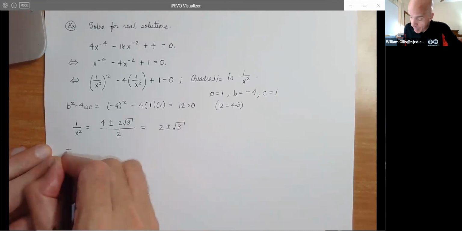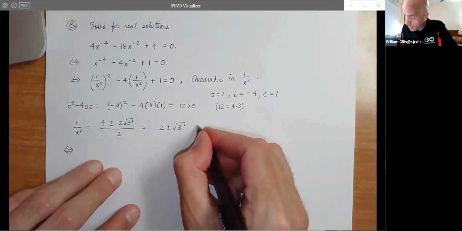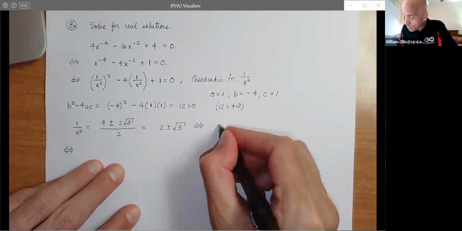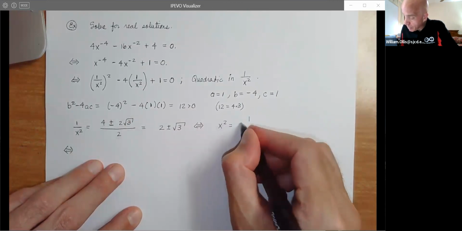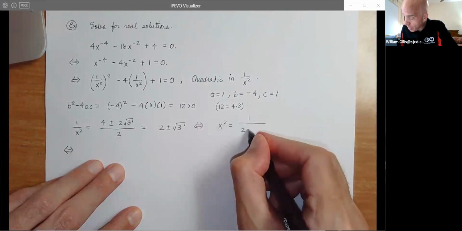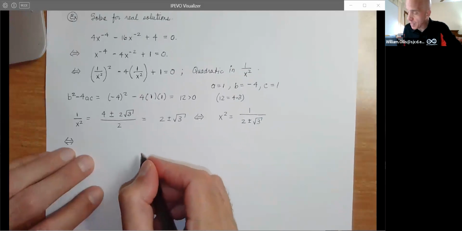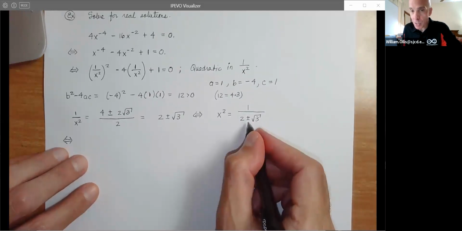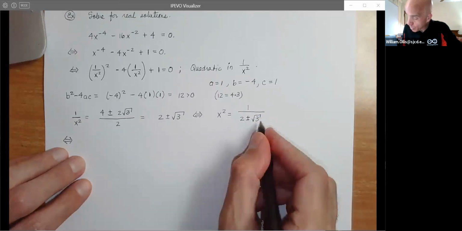But what does this say? I'll do the equivalent there. But first, this will say, if we reciprocate both sides, x squared equals 1 divided by 2 plus or minus square root 3. So now let's look at each of these solutions, or each of these equations, with the different numbers here. So we'll do the plus.